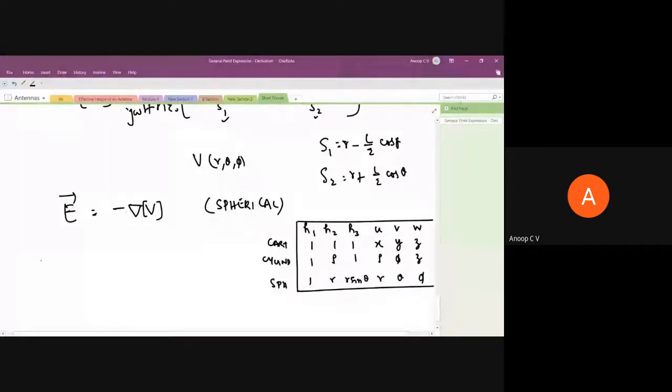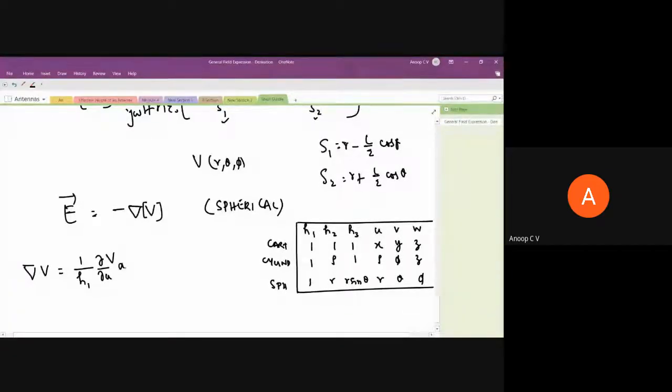So the general expression for del of V in a generalized curvilinear coordinate system can be written as 1 by H1 times dou by dou U of V along aU cap.